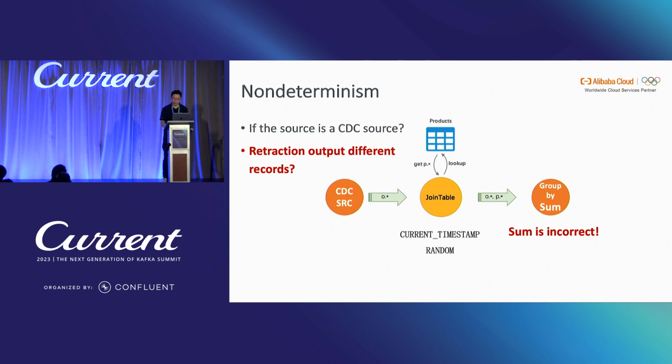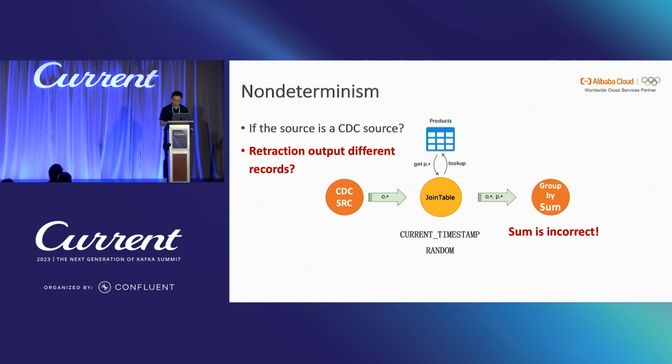Including current timestamp, they will output the results to an aggregation group by with a sum. Due to non-determinism, the sum may be incorrect because retractions output different records.